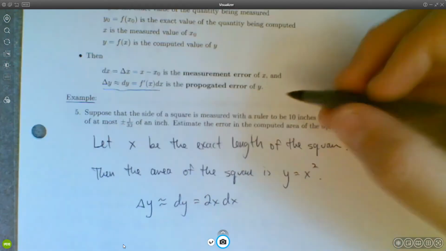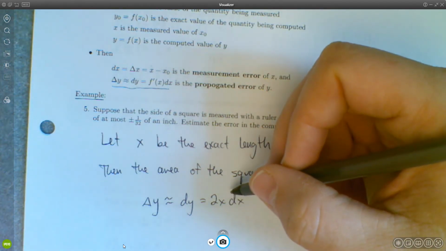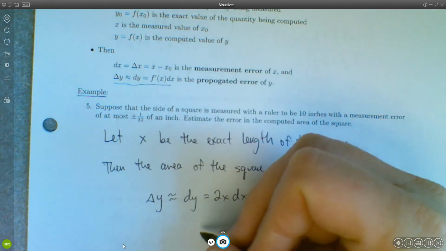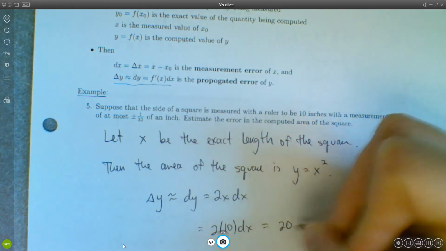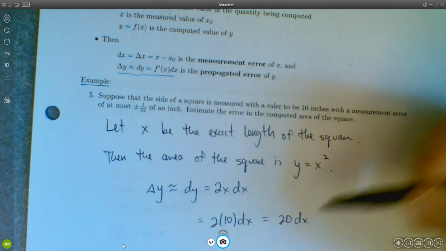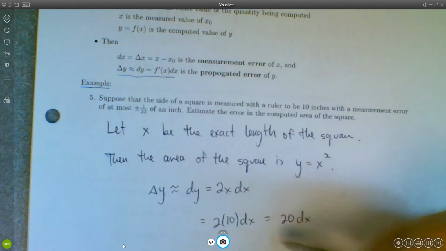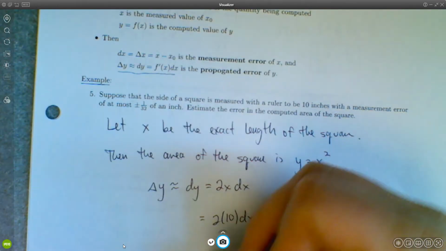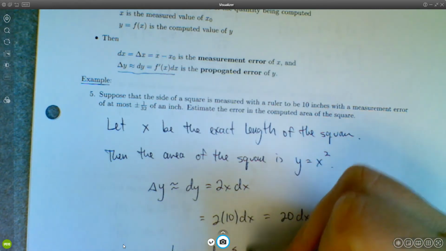Now, we know that the measured value of x is 10, so we can replace x with 10 here. So this is 2 times 10 dx, or in other words, 20 dx. And we also know that dx, which is the measurement error, is at most 1/32 inches, right? So dx is somewhere between negative 1/32 and 1/32.